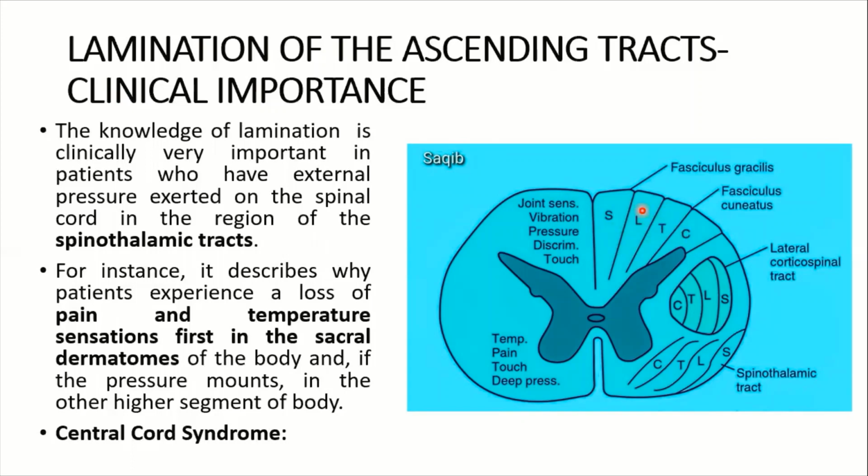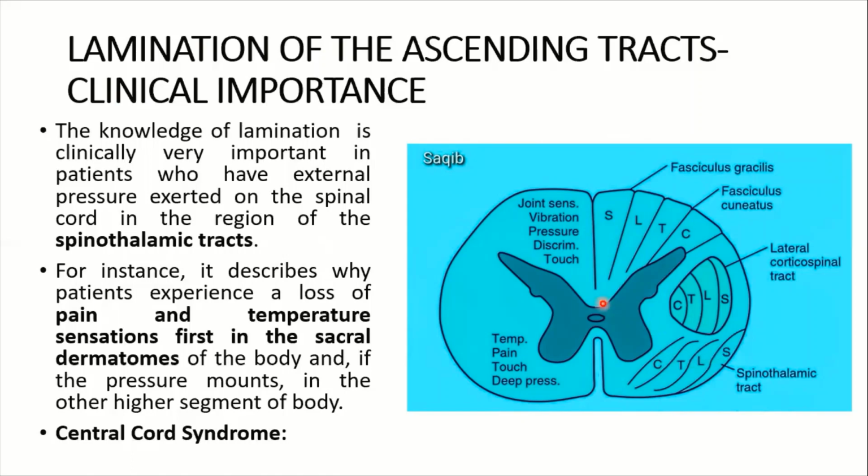If the pressure exerted from the lateral side is limited to the outside, it will first affect the cervical, then the thoracic, and if the pressure increases and reaches more medially, it reaches the lumbar, and in the end the sacral. So this is inverse in the posterior column as compared to the anterolateral system in the spinal cord.